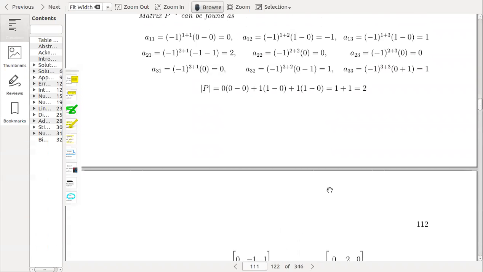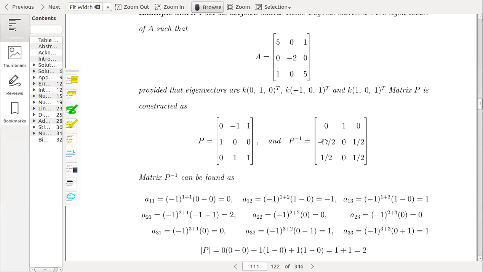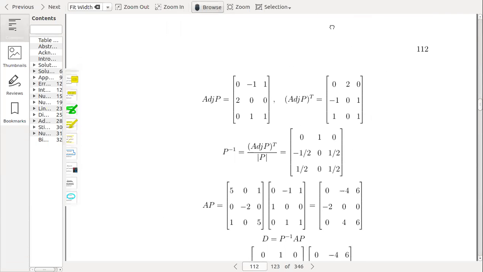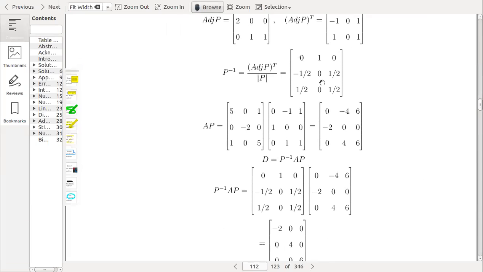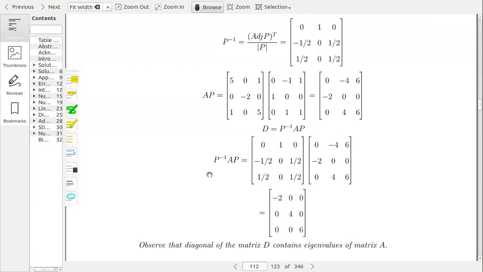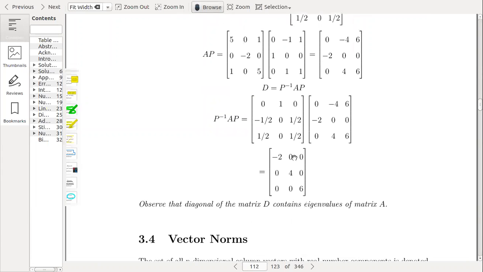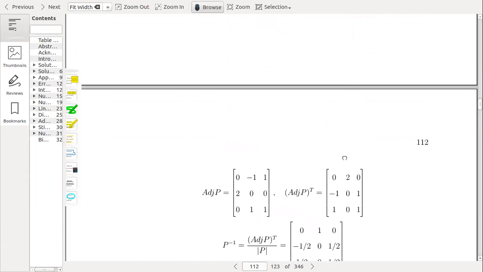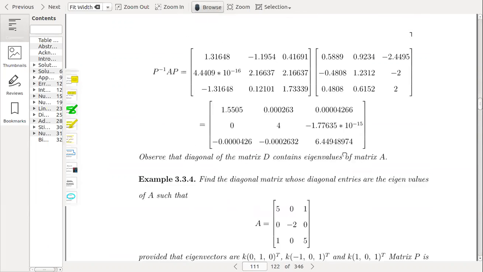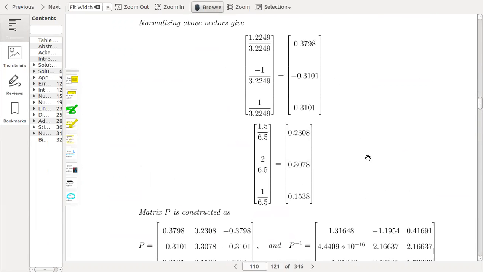So in this way, you have obtained this P inverse matrix. Okay. Now multiply matrix A with P and you will get this matrix. And then multiplying P inverse with this matrix, you will get a matrix whose diagonal contains all eigenvalues, minus 2, 4, 6, of the original matrix.